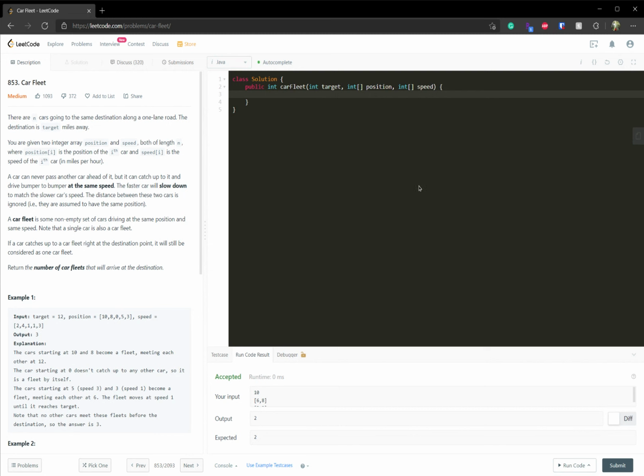So the one constant that we can find is the speed of a particular car. For example, for the car at position 10, its distance to 12 is 2, and the speed is 2, so this car only needs 1 unit of time.